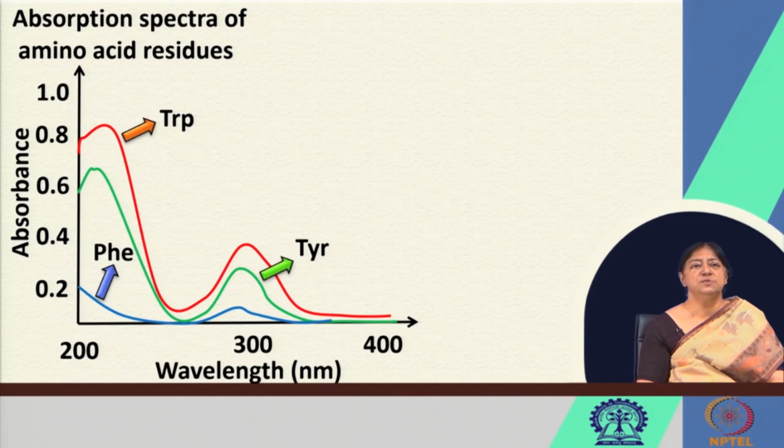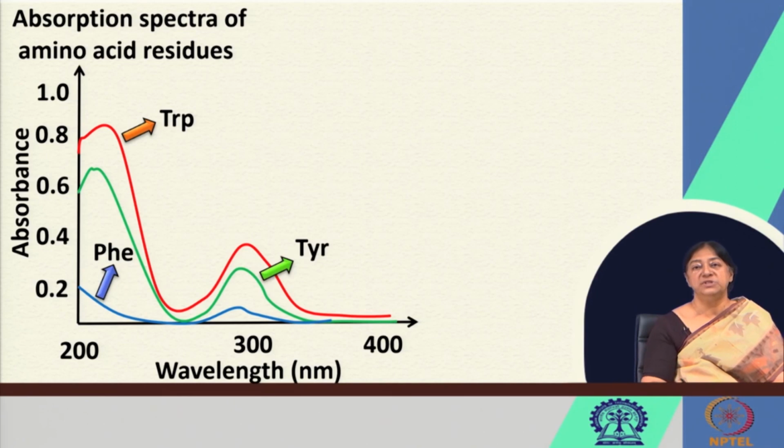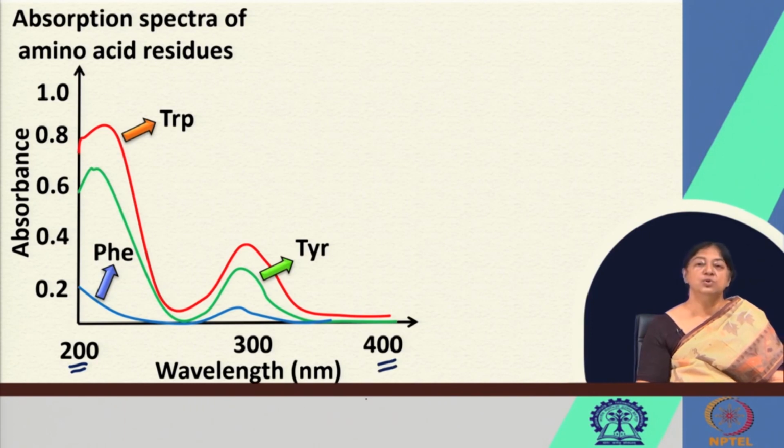Now, if you look at the absorption spectra of the amino acid residues, what do we mean by this absorption spectra? If we take the amino acid tryptophan or tyrosine or phenylalanine independently in what is called a cuvette for the machine known as the UV spectrophotometer, and we scan a particular wavelength. So, we are scanning from 200 to 400 nanometers.